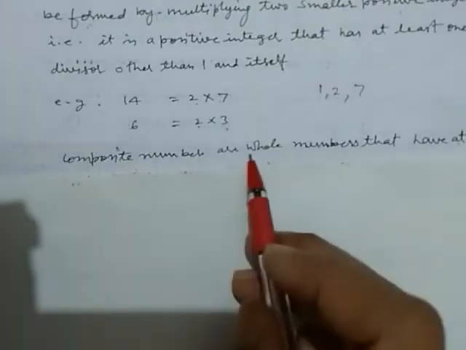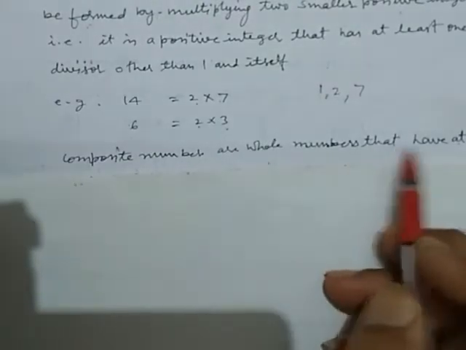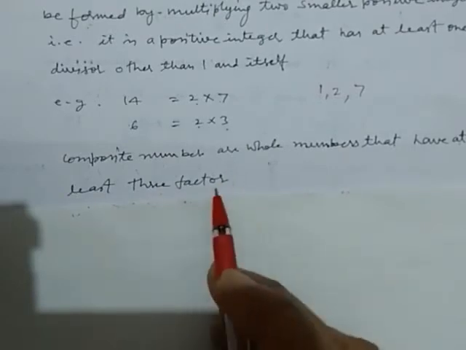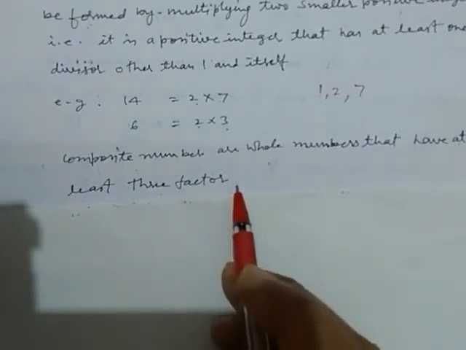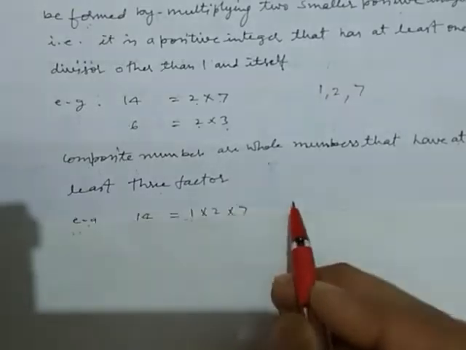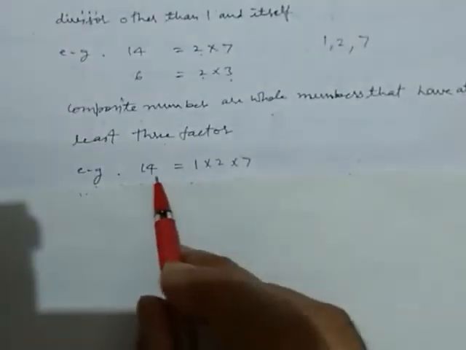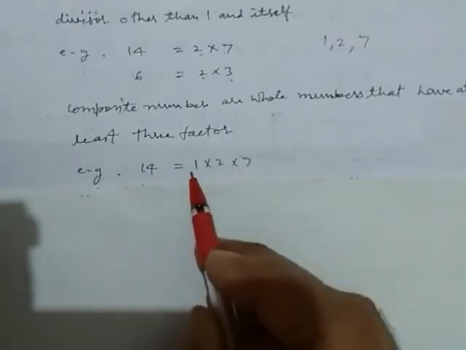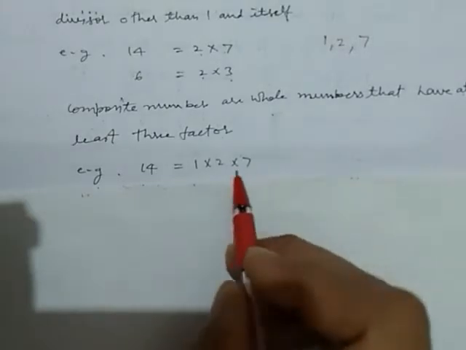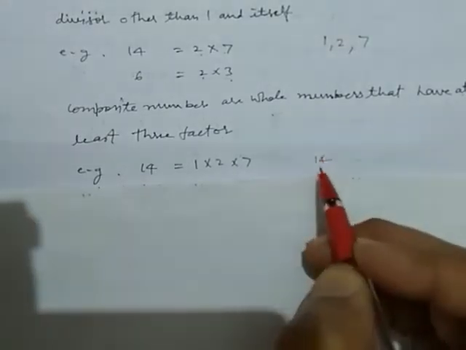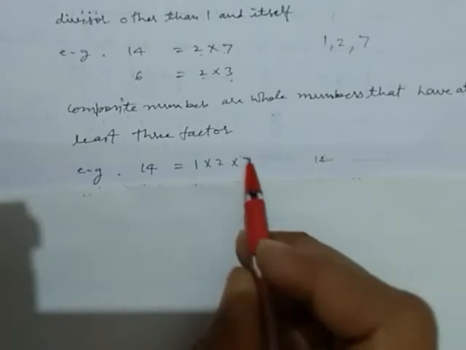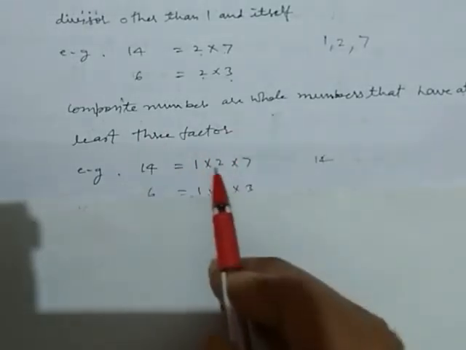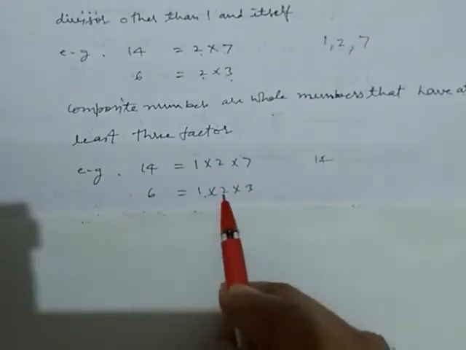Composite numbers are whole numbers that have at least 3 factors. At least 3 factors: one itself and one other. Like this, 14, 1 into 2 into 7. Here 1 and 14 also, 1, 2 and 7 are the factors of this composite number. 6, 1 into 2 into 3.